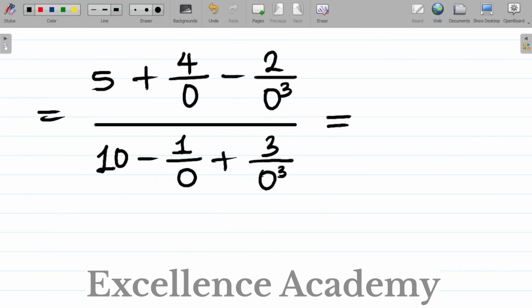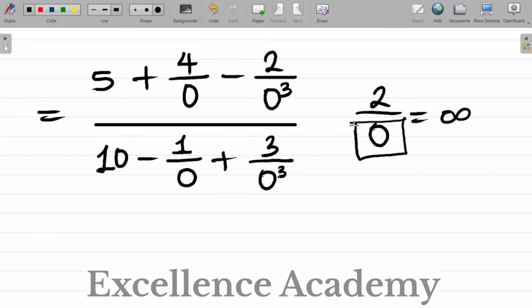So what do you have here? What we know from normal mathematics is that 2 over 0 gives you an undefined value or infinity, because it is not proper to have the denominator of a fraction as 0.